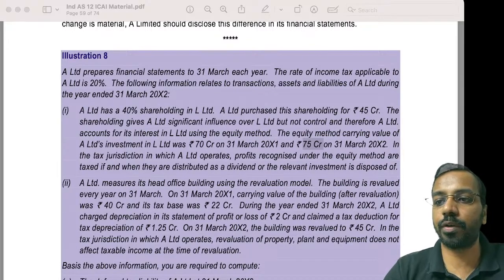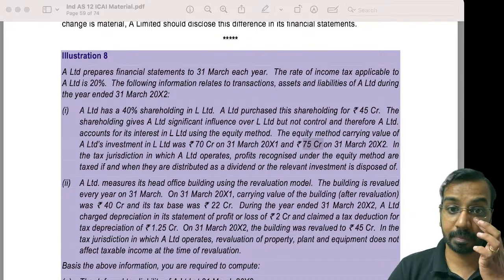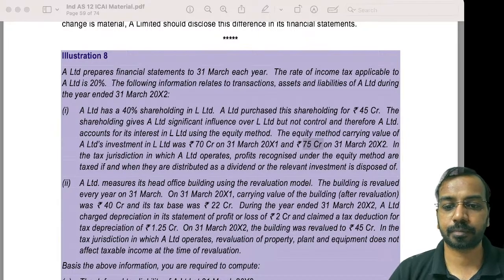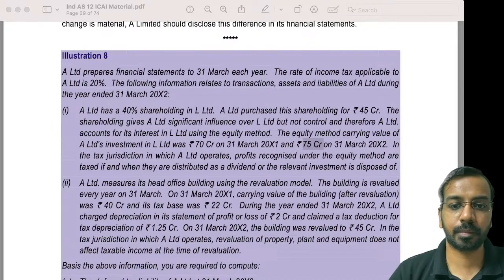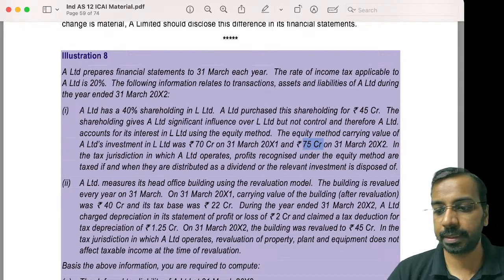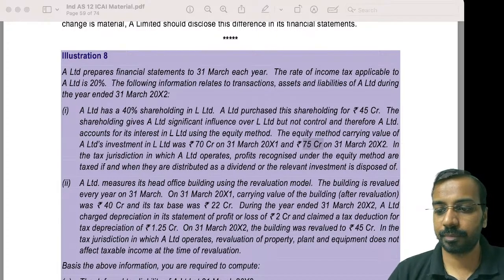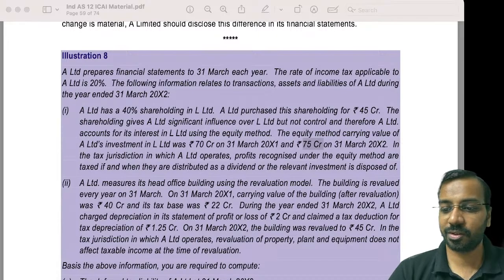Which method of accounting do we follow for investment in associate? We have covered this already, or you would have missed the class.